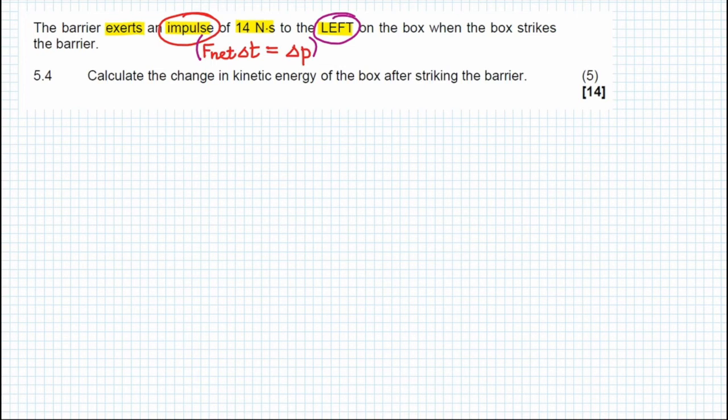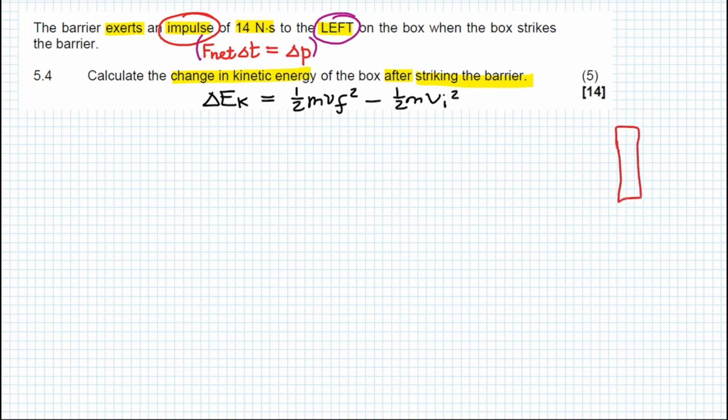Now they say calculate the change in kinetic energy of the box after striking the barrier. Change in kinetic energy is written like this, and of course we can expand on this formula by writing out half mv final squared minus half mv initial squared, right? So that is what we're trying to calculate. But before we perform this calculation, let's try to understand exactly what is going on.